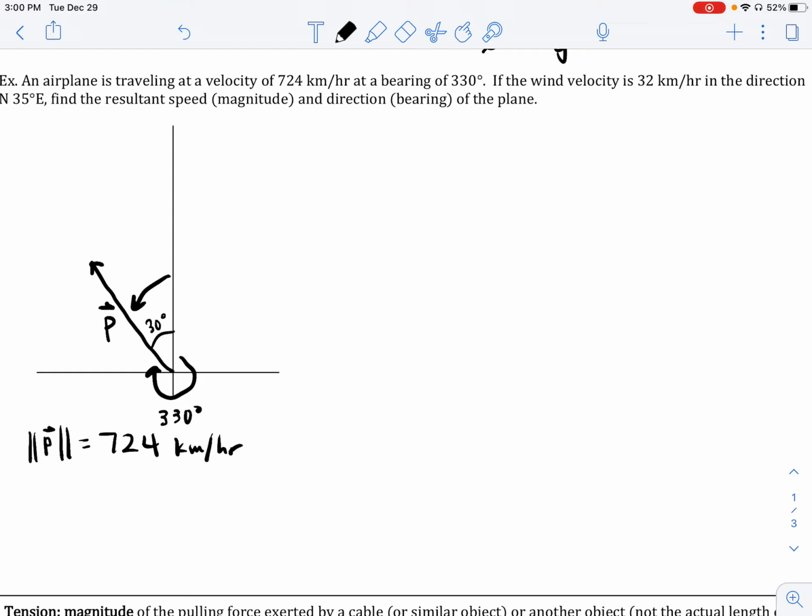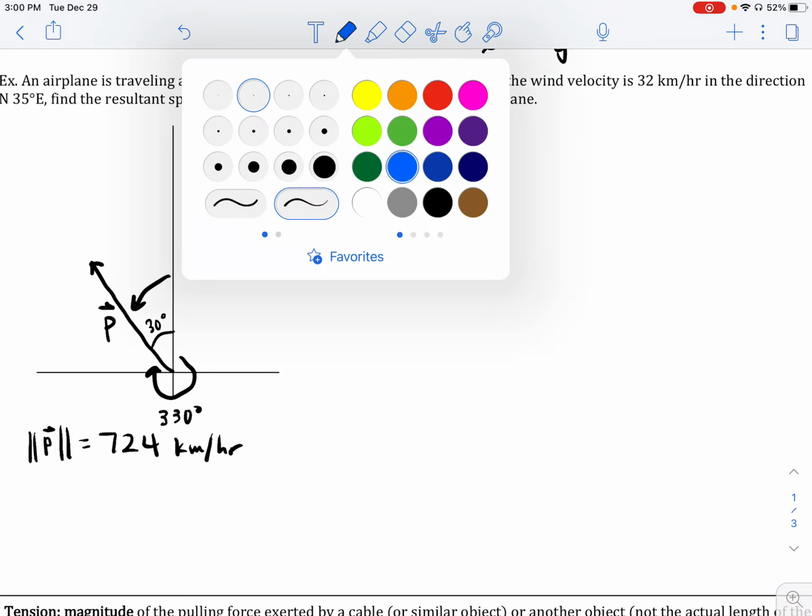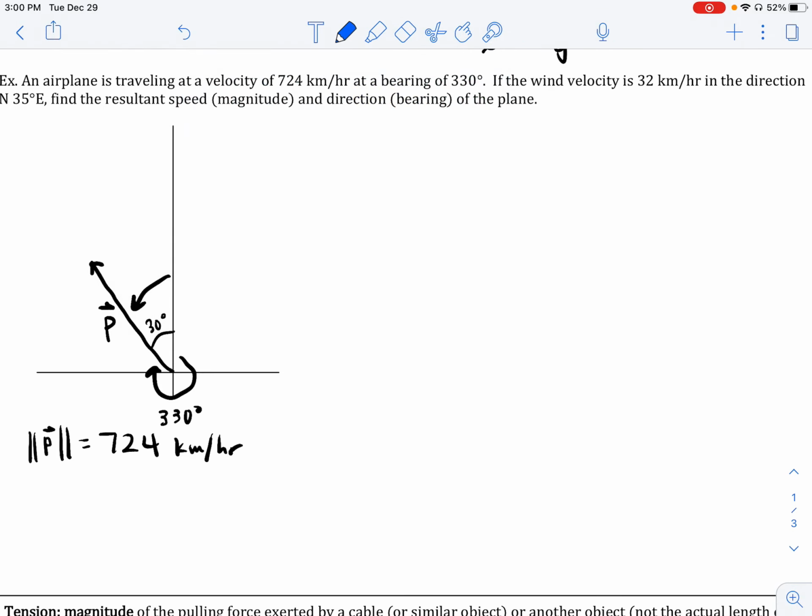All right. Now it tells us that the wind velocity is 32 kilometers per hour in the direction of north 35 degrees due east. So let me switch colors to indicate that now I'm going to be drawing the vector for the wind. Which way is the wind blowing?